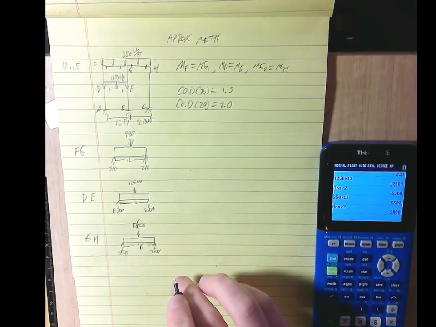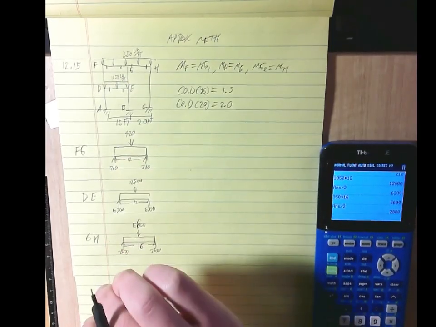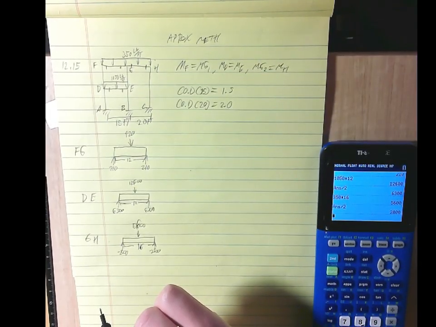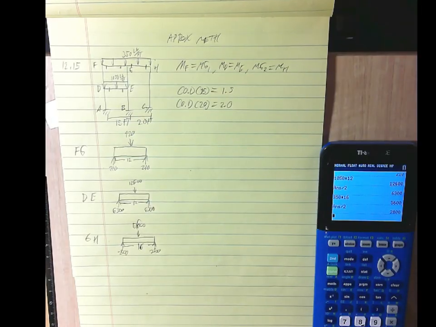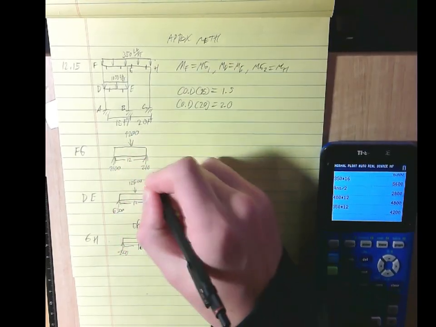And that looks right, except for this one. Sorry, this should be 4,200.